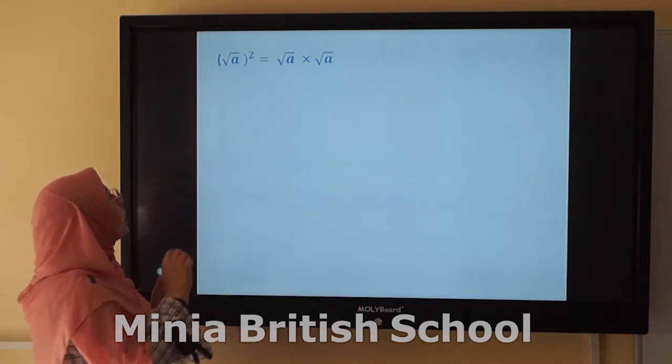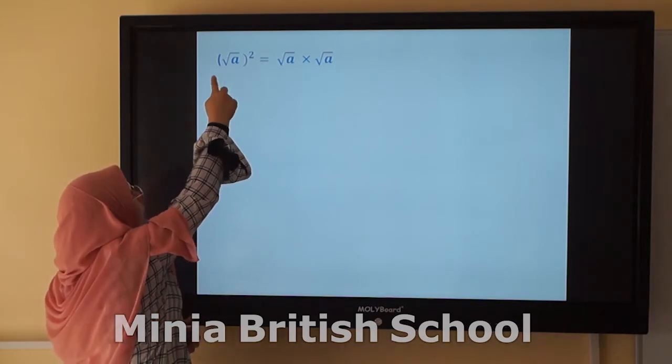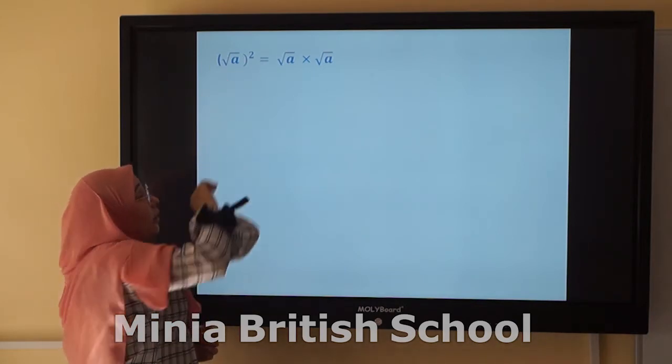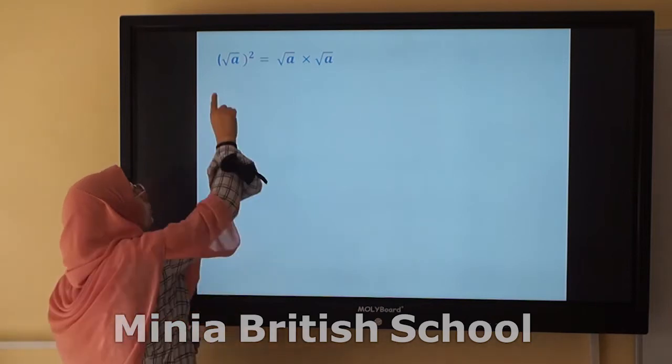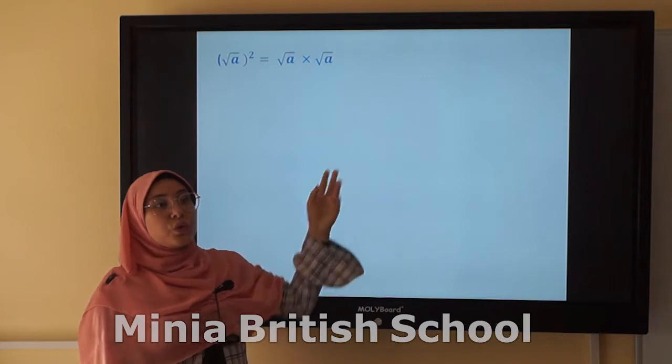Now, please pay attention here. Root 2 raised to power 2 equals root 2 times root 2.